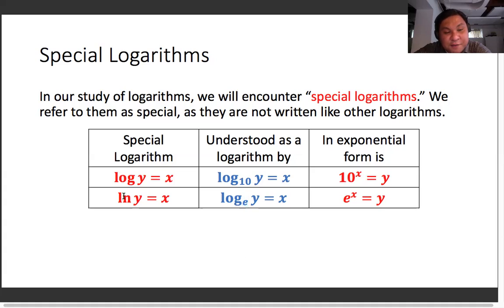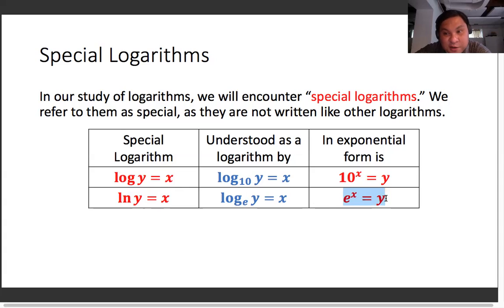So if you're given the natural logarithm of y is equal to x, this is understood to be the logarithm of y to the base e is equal to x. Thus, in exponential form, it is automatically converted: e to the x is equal to y.